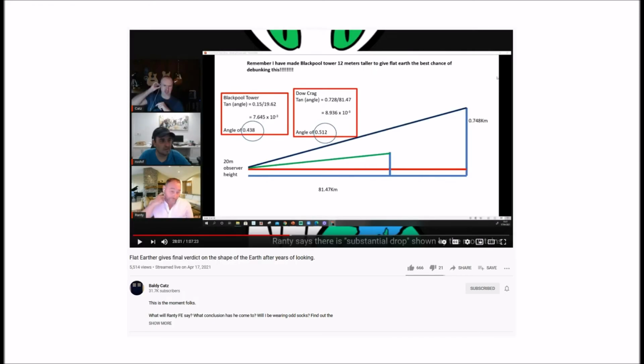And yet here is Ranty in discussion with Katz, happily accepting these orthographically drawn triangles and trigonometry without there being any perspective and without the mountain being reduced because of perspective. So something happened between October and April. That's the mystery.